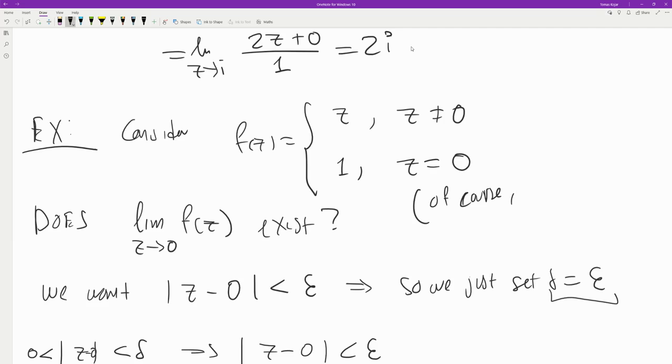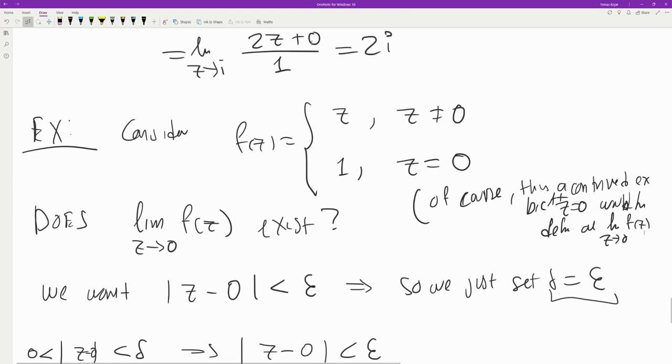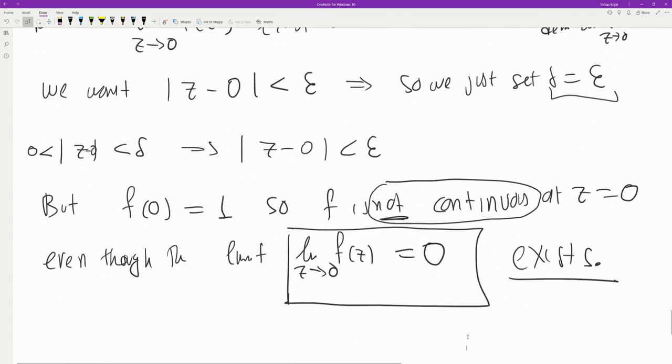Of course, this is a contrived example, because z at 0 would be defined as the limit. Okay, anyhow.